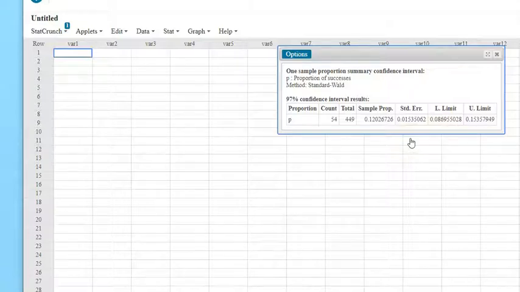There are a couple of things that you can check to make sure that you put the right numbers in the right places. The sample proportion it gives you here should be the same as the sample proportion that you came up with. This is just taking the frequency of your color divided by the sample size. And here we've got the lower limit and the upper limit. These should be very close to what you calculated by hand.